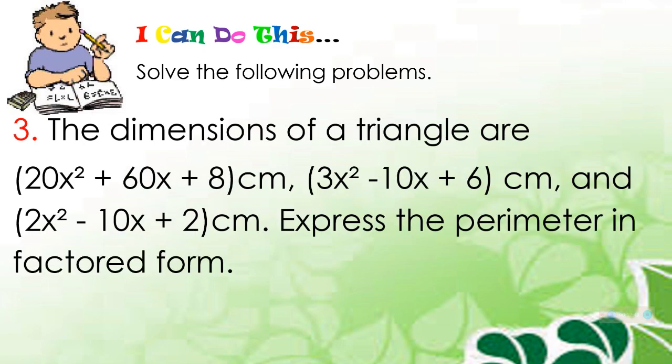For number 3, the dimensions of a triangle are 20x squared plus 60x plus 8 centimeters, 3x squared minus 10x plus 6 centimeters, and 2x squared minus 10x plus 2 centimeters. Express the perimeter in factored form. Okay? So, apply what you have learned in your previous lesson on your grade 7 topics.